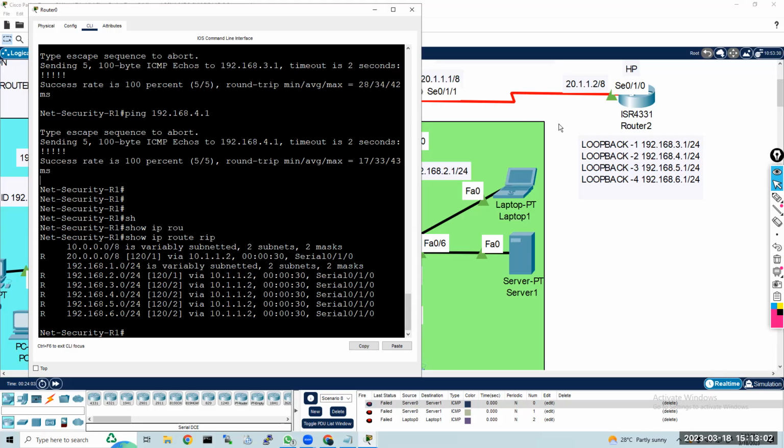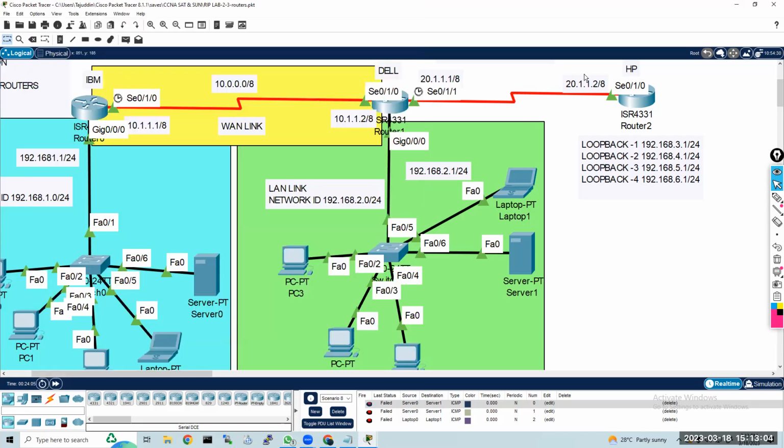This is the network, man. This is the IP network. I already have written right here, this is 20.0.0.0/8. See here, I have written everything here. This is what we call your network ID.